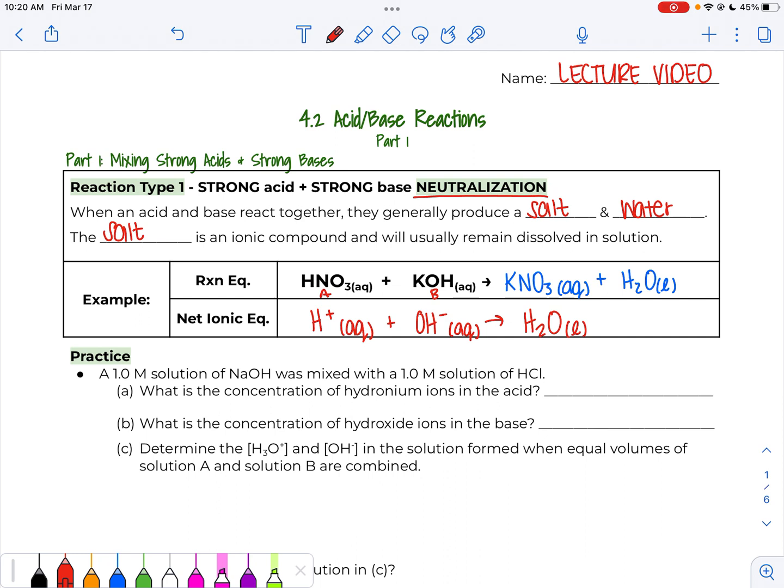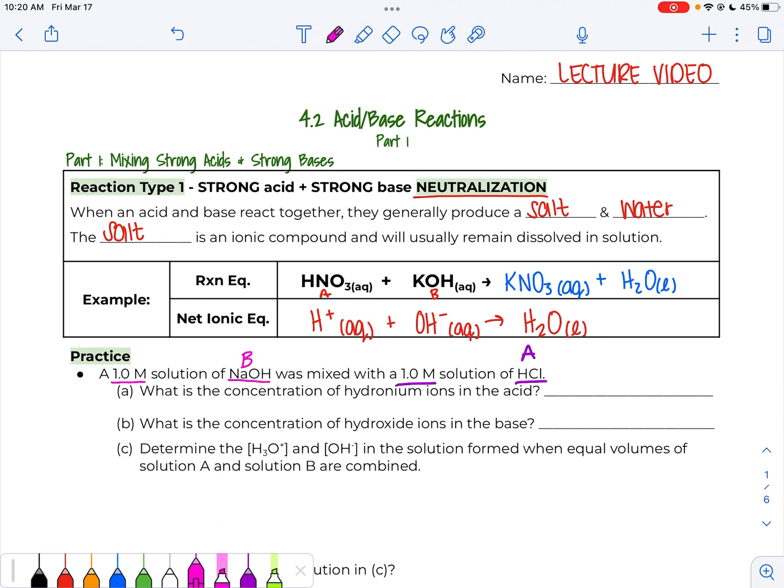So let's say you take these two things and you mix them together, and we're going to put some numbers on it. You have a 1 molar solution of NaOH, and you're mixing it with a 1 molar solution of HCl. Pause, think really quick. Which one is acid, which one is base? Boom, acid, base. All right, so first we want to figure out what's the concentration of the hydronium ion in the acid.